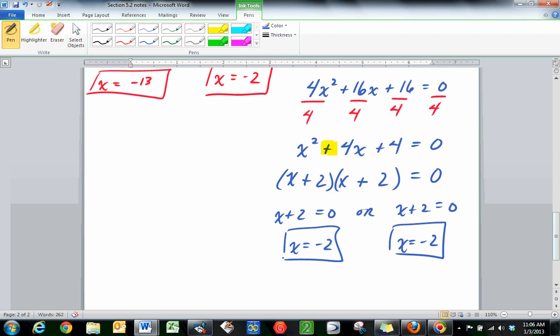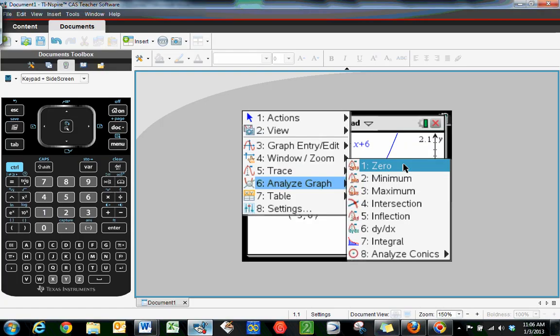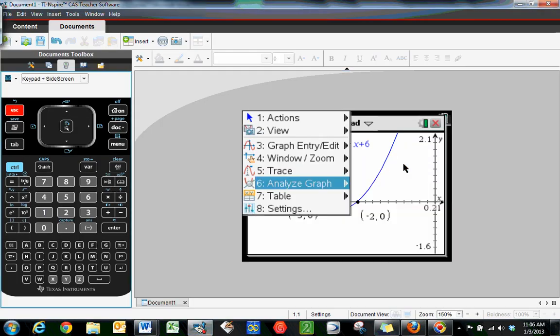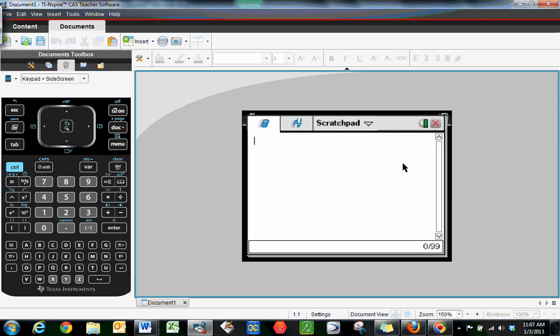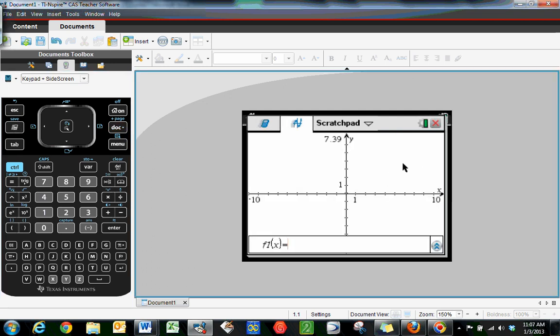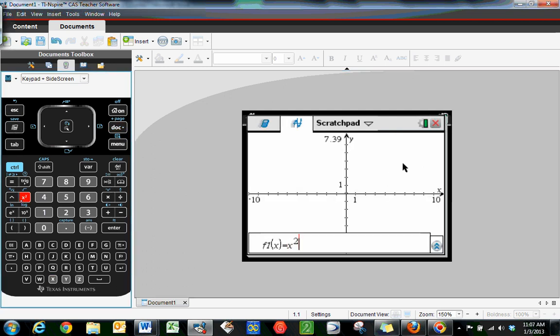I'm going to take this perfect square trinomial and show you what it looks like on the graph. I'm going to edit out my previous graph and just graph x squared plus 4x plus 4.